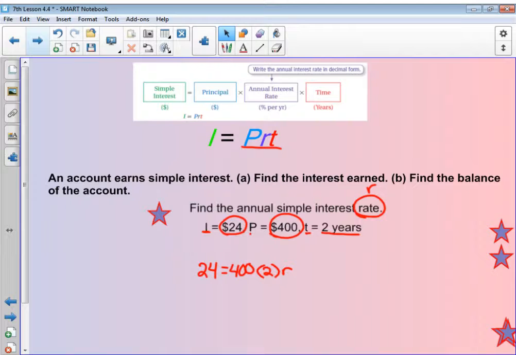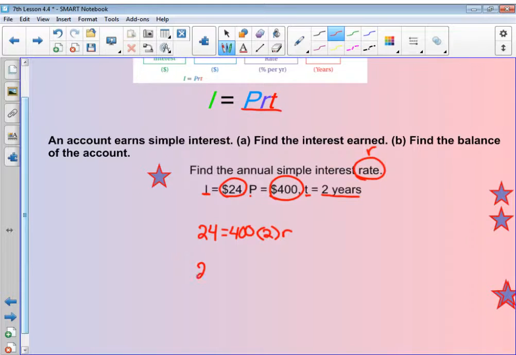Okay, now I want to work to simplify. So when I simplify this out, I still have 24 on this side, equals, let's simplify this. We get 800, right? 400 times 2 is 800 times R. Now we're going to get R by itself. So if we work to get R by itself, divide by 800.